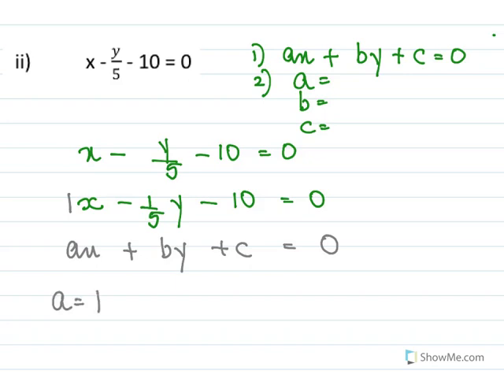So my a equal to 1. Now b is a coefficient of y. Here the coefficient of y is minus 1 by 5. So here I have b equal to minus 1 by 5. C is a constant term, which is minus 10. So c equal to minus 10.